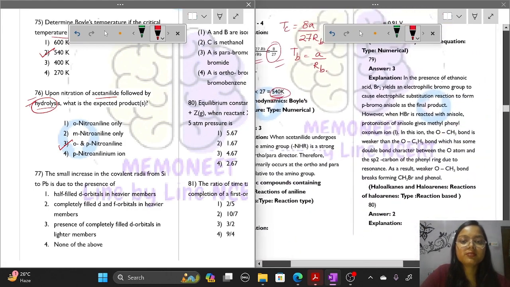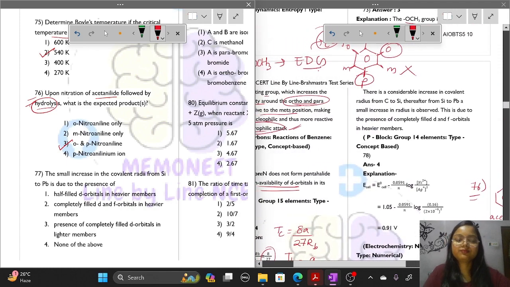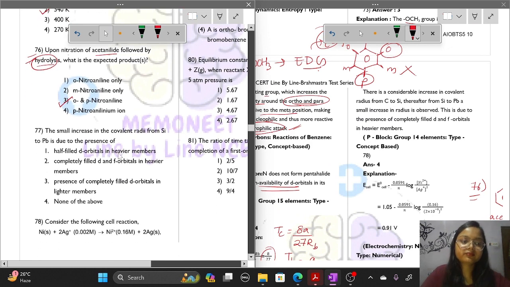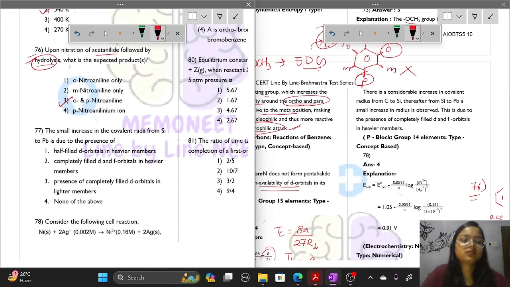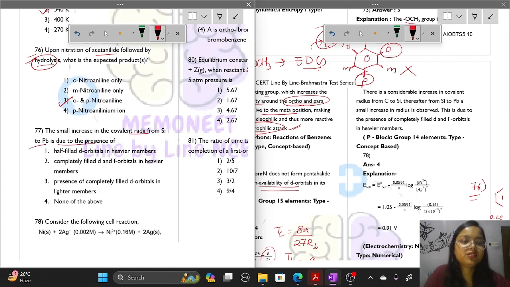For question number 77. The small increase in the covalent radii from Si to Pb is due to the presence of... so there is a considerable increase in the covalent radius from carbon to silicon.